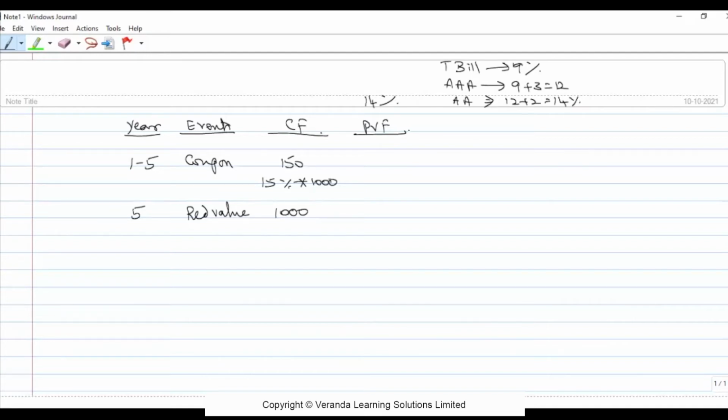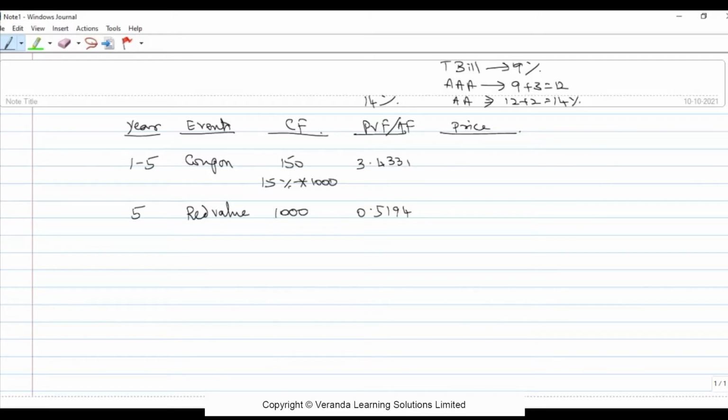Now, PV factor or annuity factor, as the case may be, we all know that price of the bond is simply the sum of the present value of future cash flows. 1 divided by 1.14, 1, 2, 3, 4, 5. So at this stage it is 0.5194. The grand total of that is 3.4331.